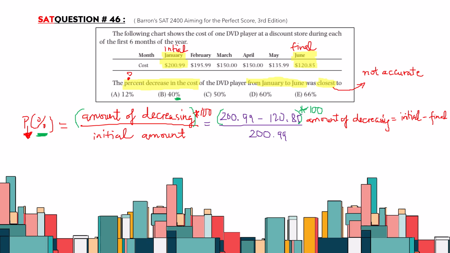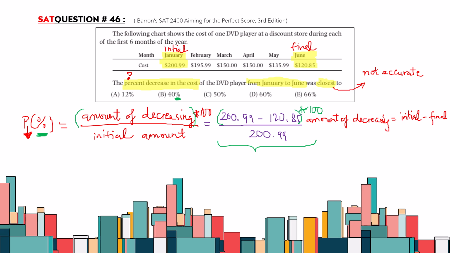Okay. So now our job is to simplify this expression. And to make it easy, remember they just say find the closest one. They do not say find exactly what it is. They just say find the value that's close to the accurate answer.